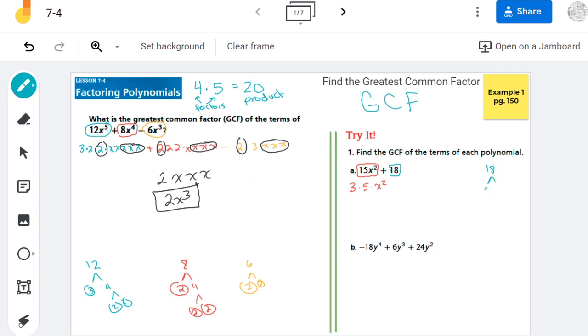Remember, 18 is 2 times 9, and 9 is 3 times 3. So I'm looking at 2 times 3 times 3. In terms of the greatest common factor here, the only thing that the red and the blue have in common is a 3. So that is our GCF. Ooh, that was a wild box. Let's try that again.